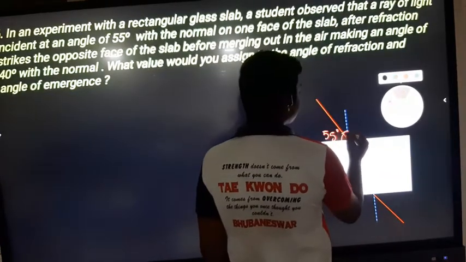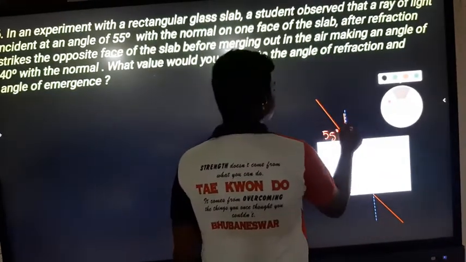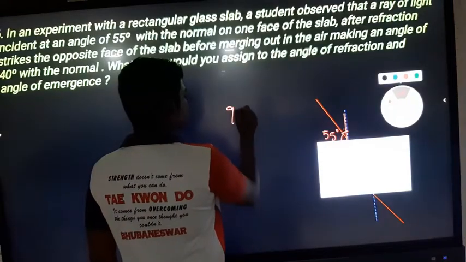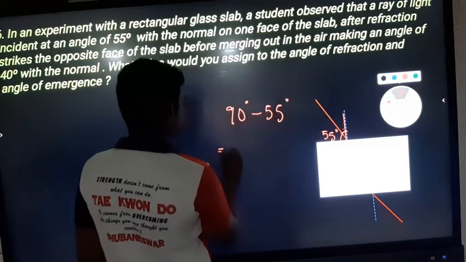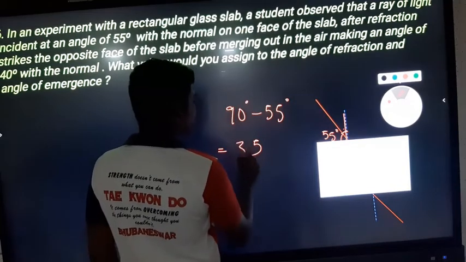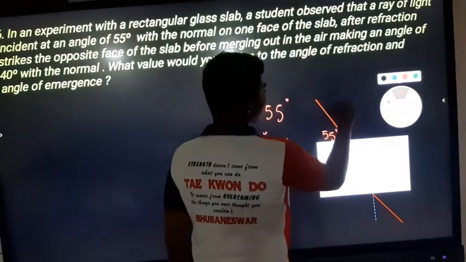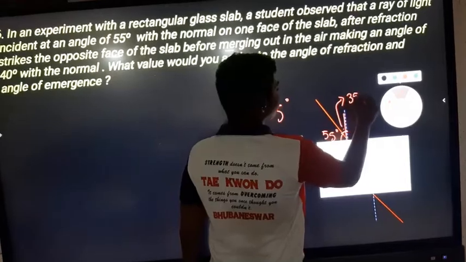We'll take this as 90 degrees, so this angle will be 90 minus 55 degrees. So we'll get 35 degrees. So this angle, which is the angle of emergence, is 35 degrees.